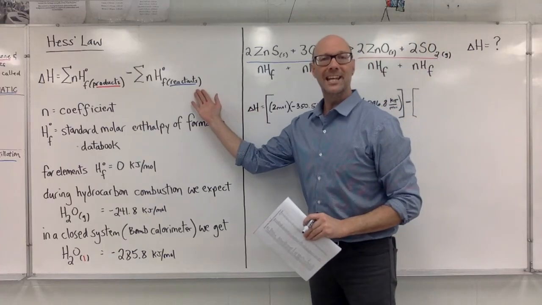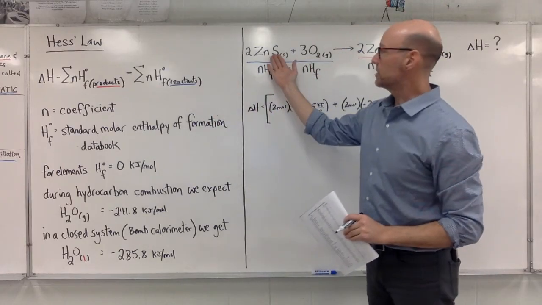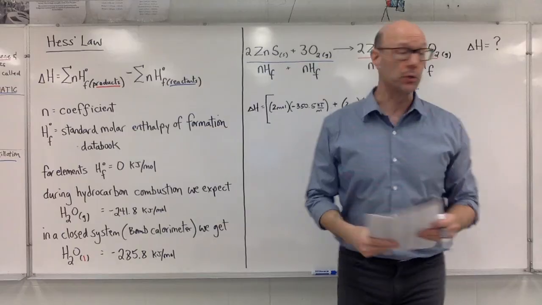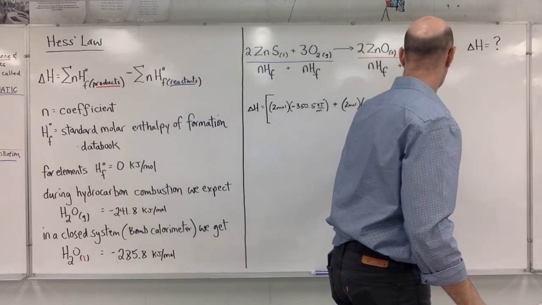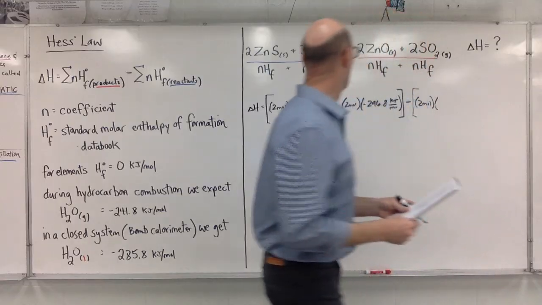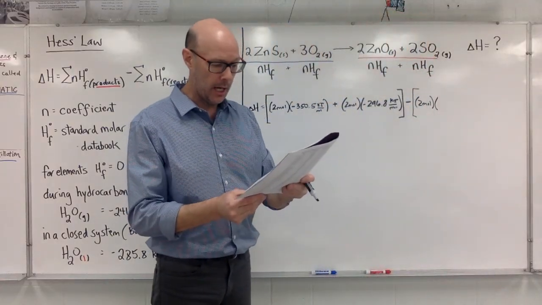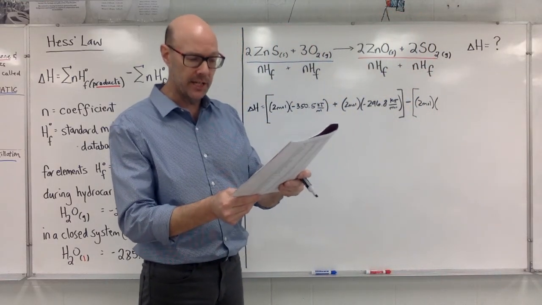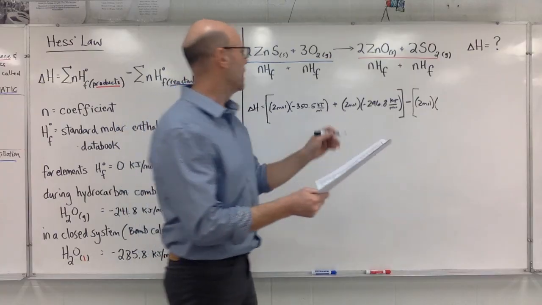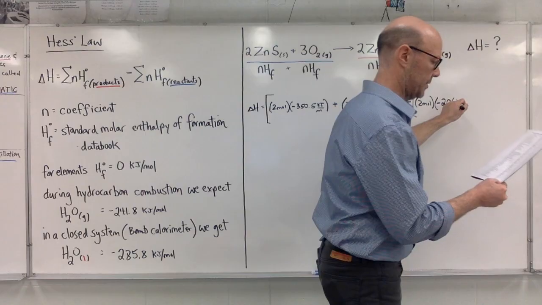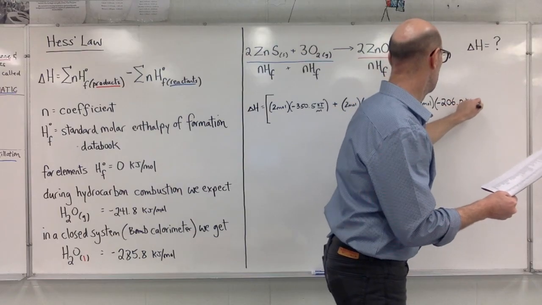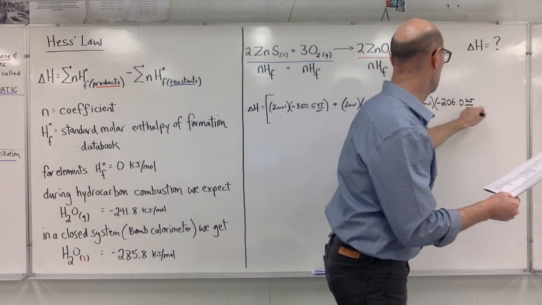Subtract. I'm going to do the same thing now for the reactants. I have my zinc sulfide balanced with a 2. Two moles. And I look up in the data booklet, zinc sulfide, negative 206.0 kilojoules per mole.